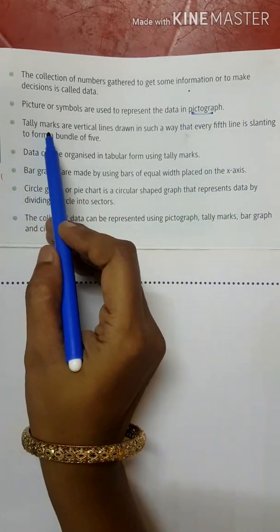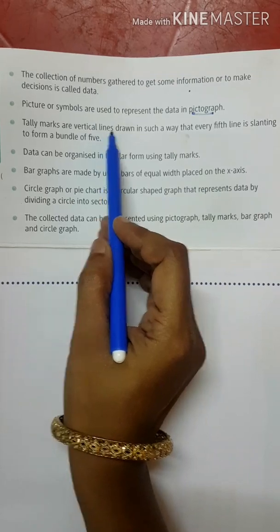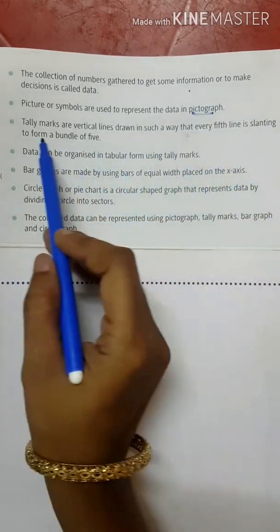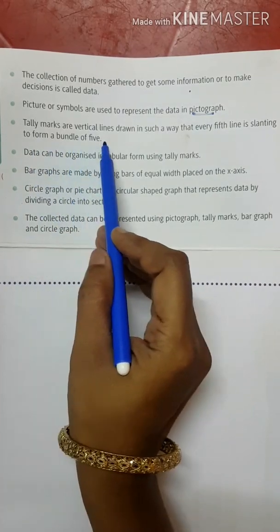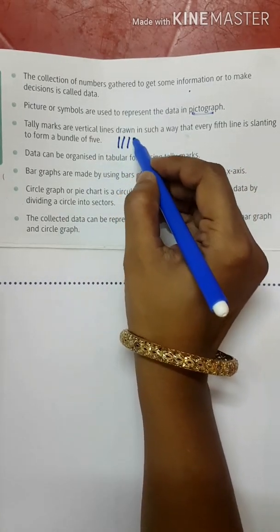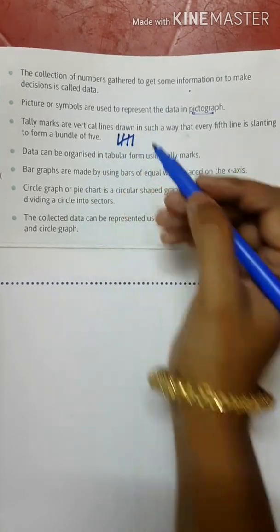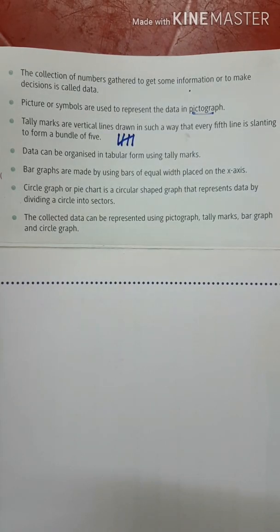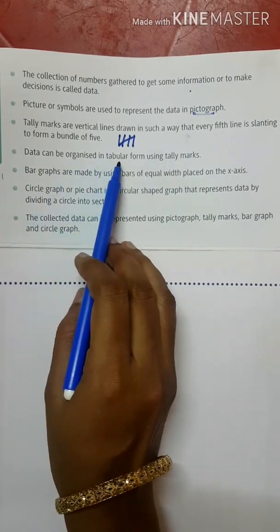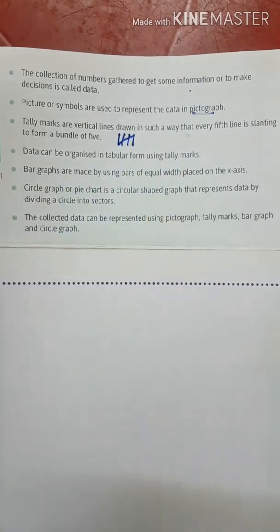Yes. Tally marks are vertical lines drawn in such a way that every fifth line is slanting to form a bundle of 5. Yes, you know how to mention or represent the tally marks. We should draw the vertical lines 1, 2, 3, 4, and fifth line we should give off slanting line to get the bundle of 5. Data can be organized in tabular form using tally marks.